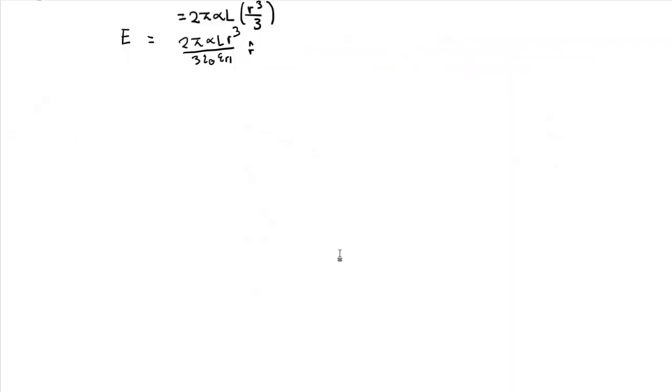For the second part of this question, we need to find the electric field in between a and b. We do this by taking a less than r less than b.